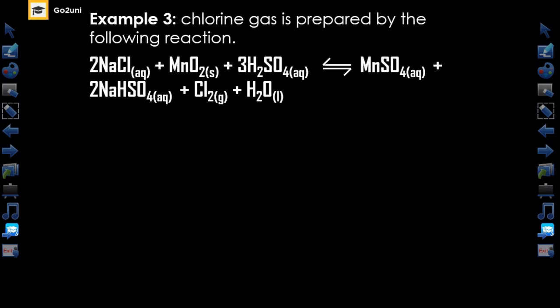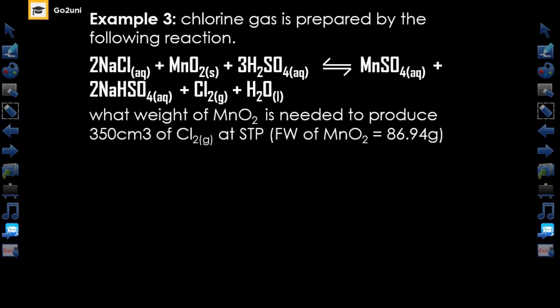And we have a question saying, what weight of MnO2 is needed to produce 350 cm³ of chlorine at STP?